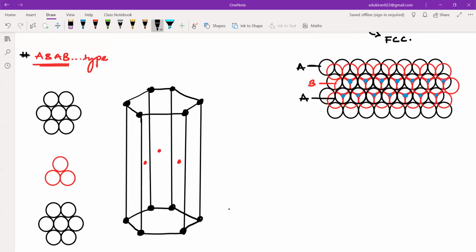So here we have the unit cell. Now, this unit cell is a hexagonal unit cell. Okay, hexagonal unit cell. I have missed 2 atoms, that is this middle atom here and this middle atom here. Okay, now it is fine. Everything is there. Right. So this is what? This is a hexagonal close packing. Okay, in 3D.